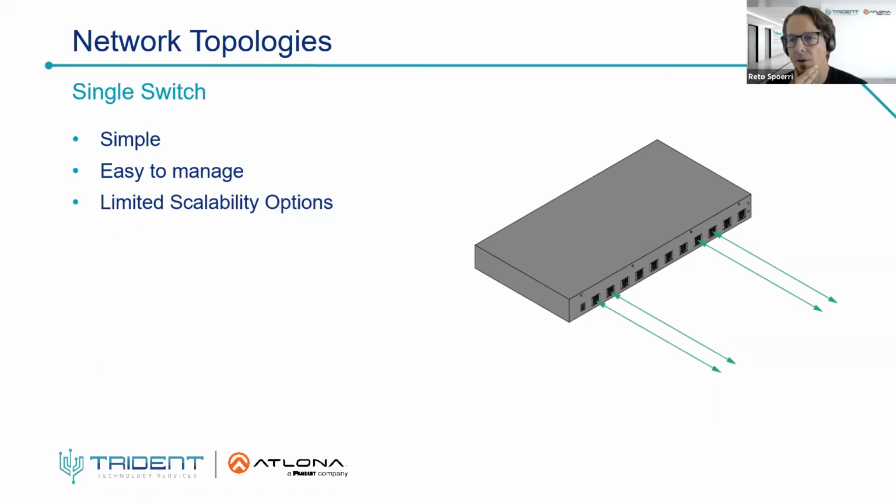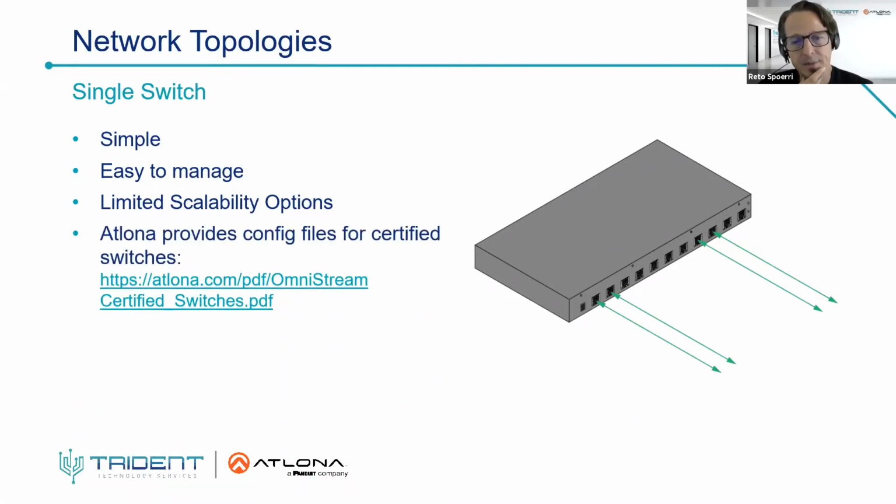But there are limited scalability options in terms of number of ports, but also in terms of where you need those ports. If you have a campus, you cannot work with one single switch because you will need switches on the floors in the buildings, and then you will have a more complex structure.